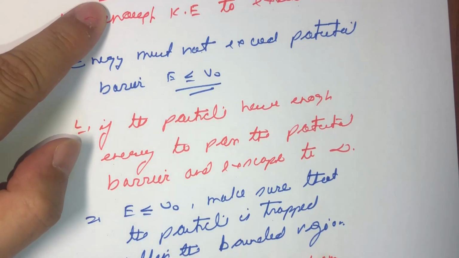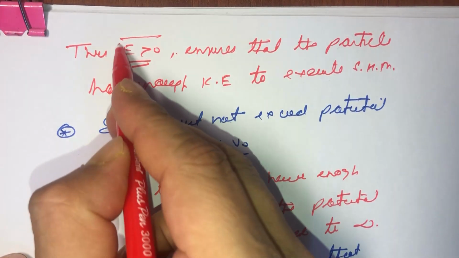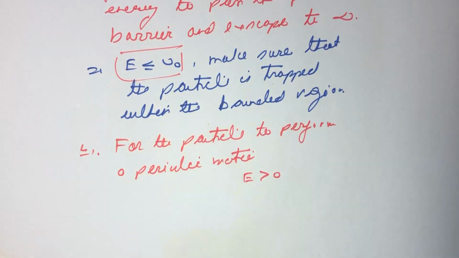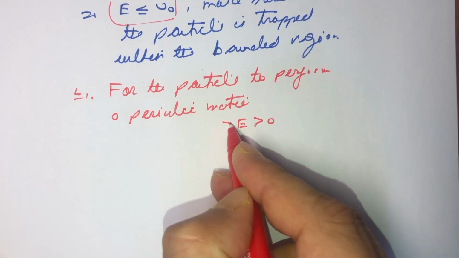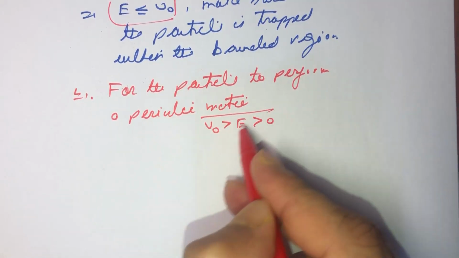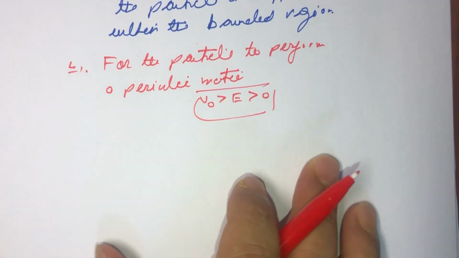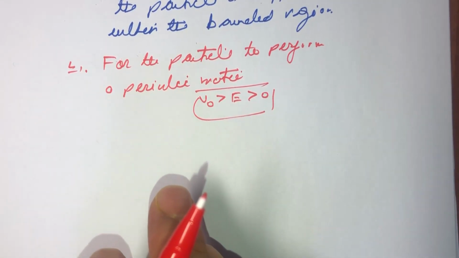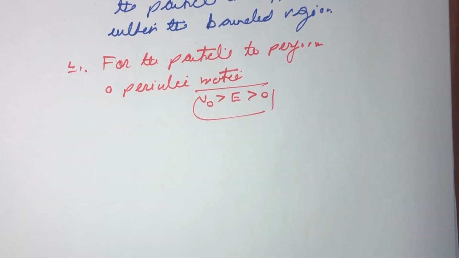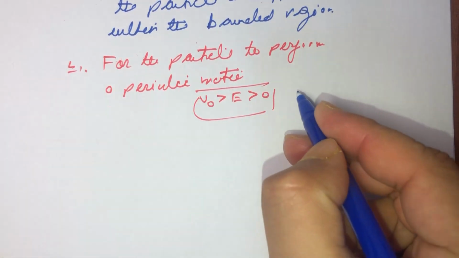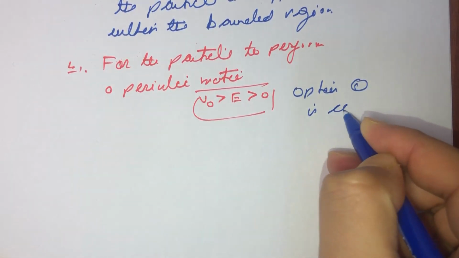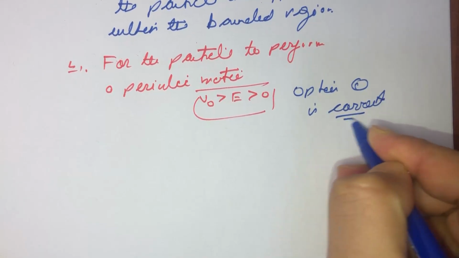We concluded from here that E should be greater than 0, and from here that E should be less than V naught. So this makes sure that the particle is inside the bounded region and able to execute the periodic motion. So in this case option C is correct.